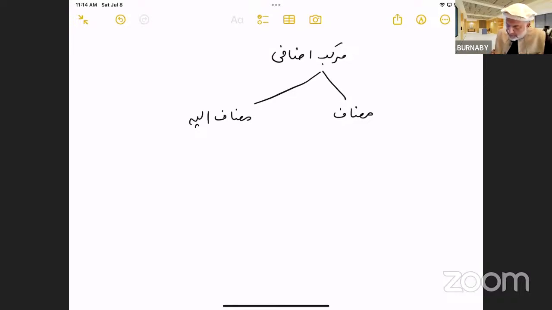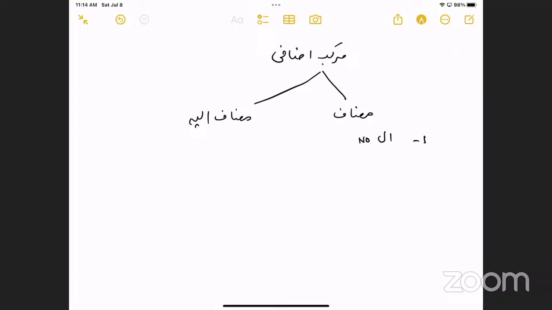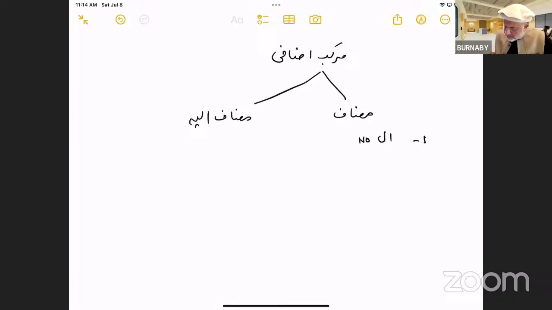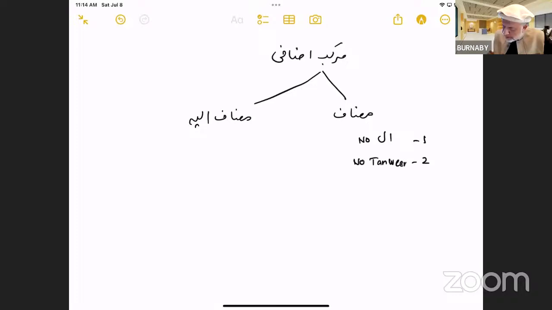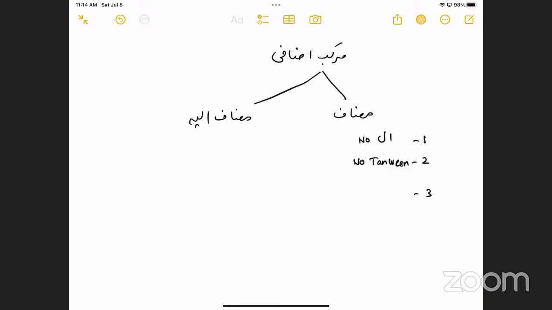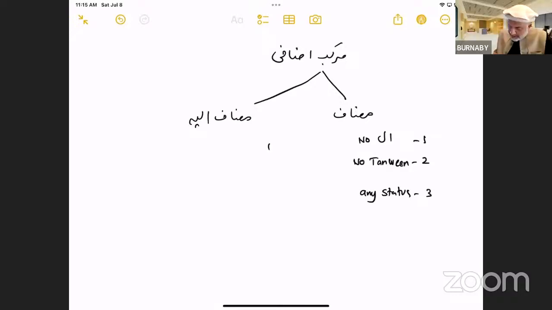Okay. So how do you understand this? You have to keep in memory the rules. For Mudaf, there is no al. That's my simple rule. Number two, no tanween. You need to remind yourself of these things. And number three, the more important rule was any status. On the other hand, for Mudaf ilayh, al is okay.